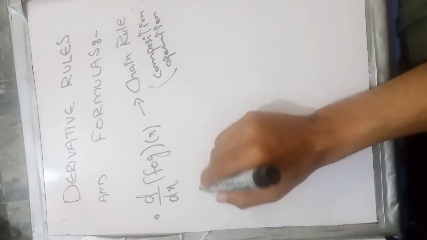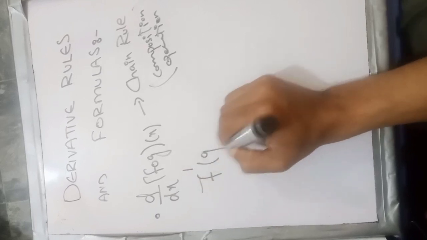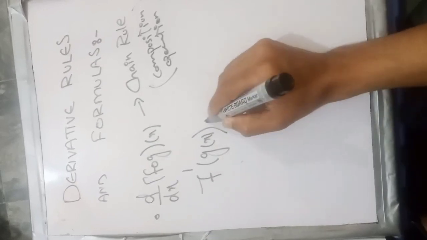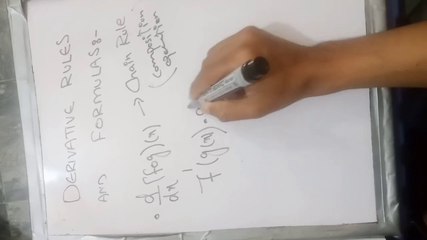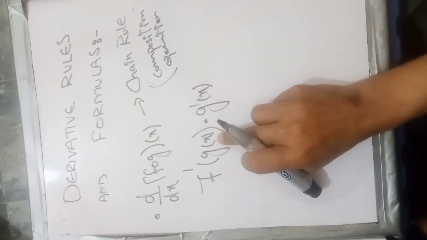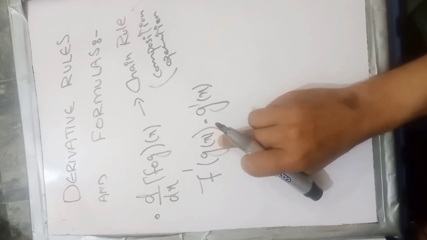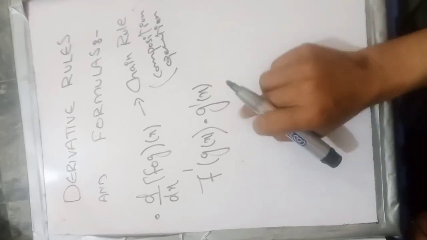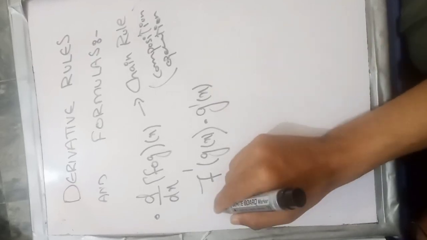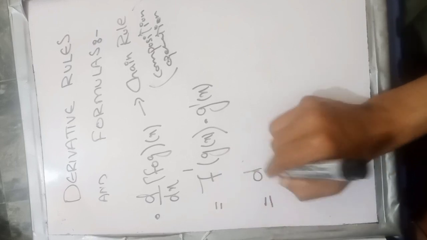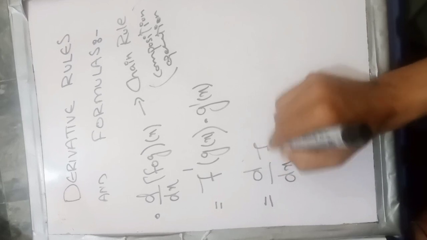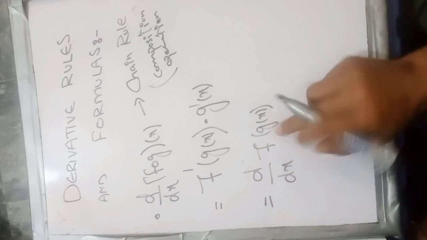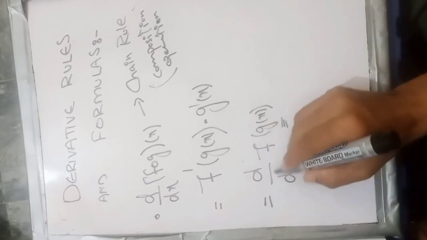We differentiate the whole function f of g of x as a composition, then we differentiate g of x, which we take as the input of the function f. In brief, we can say d over dx of f at g of x, with g of x as the input, d over dg.